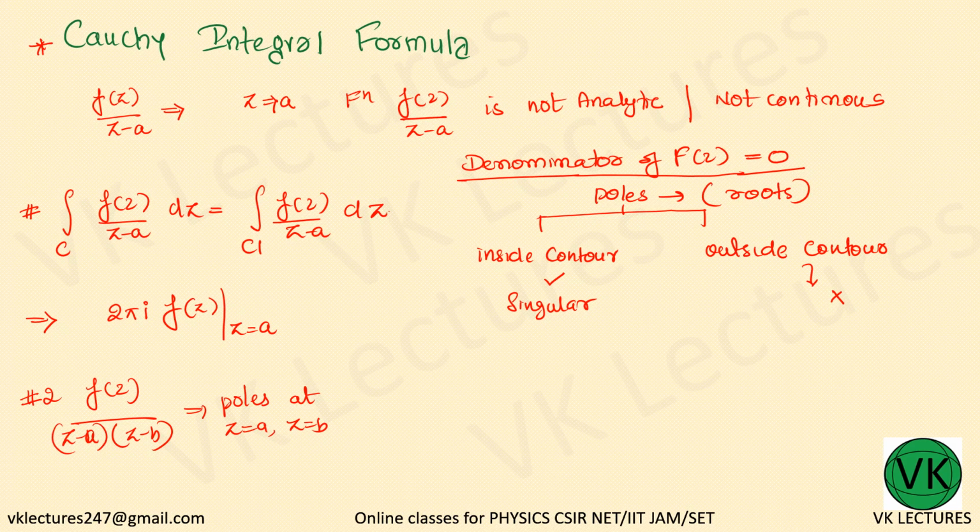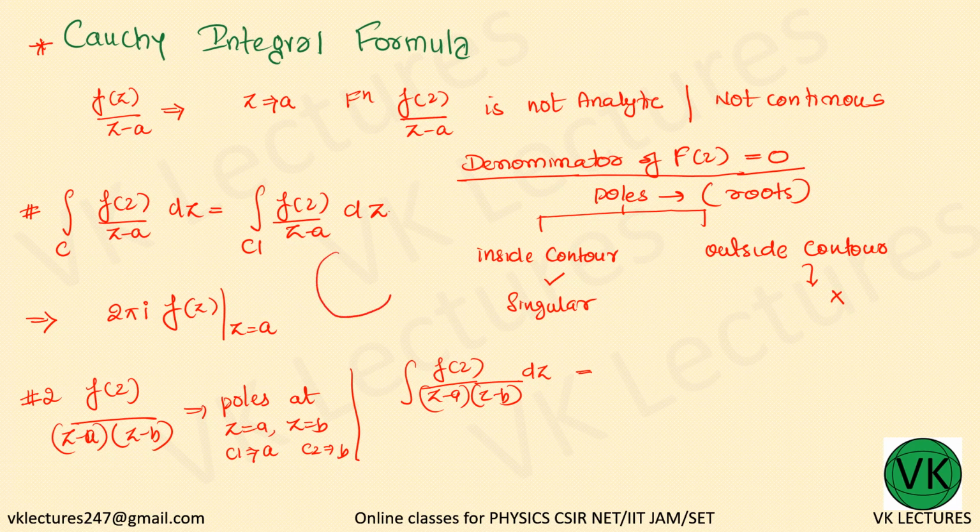So the integral of f of z divided by z minus a into z minus b dz will be equal to, there are two contours, C1 and C2. Let us write C1 for z equal to a, and C2 for z equal to b.